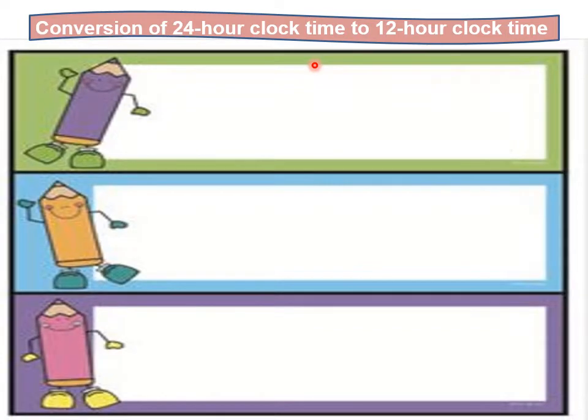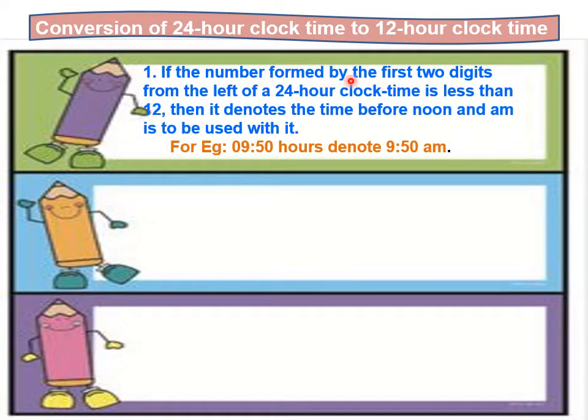Now next topic is conversion of 24-hour clock time to 12-hour clock time. So here some rules are there for converting. The first one is, if the number formed by the first 2 digits from the left of a 24-hour clock time is less than 12, before the point, on the left-hand side, then it denotes the time before noon and am is to be used with it.